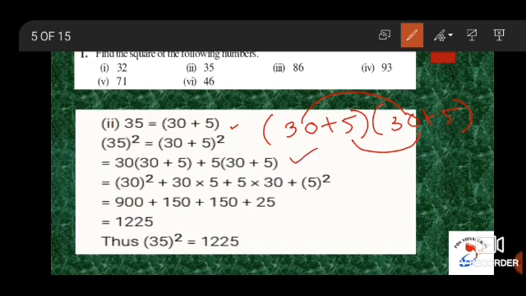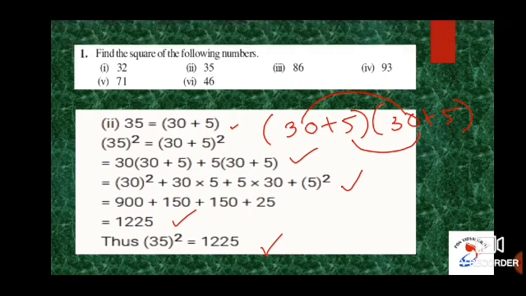That is nothing but 30 square plus 30 into 5 plus 5 into 30 plus 5 square. That is equal to 900 plus 150 plus 150 plus 25, that is equal to 1225. Therefore, to conclude, 35 square is equal to 1225.